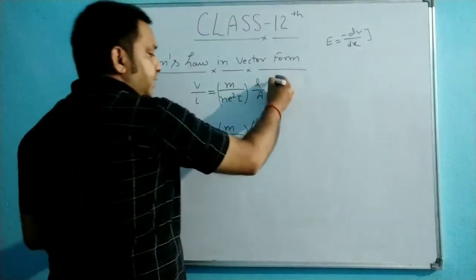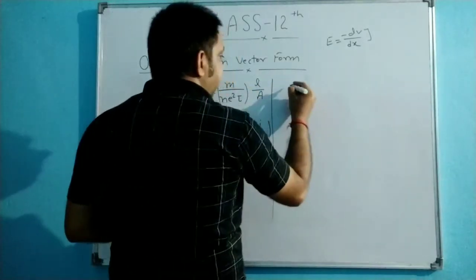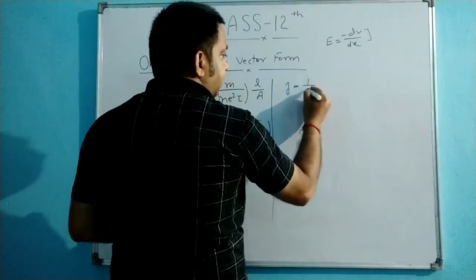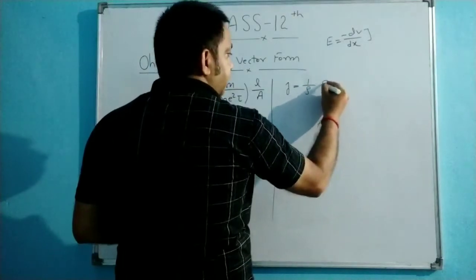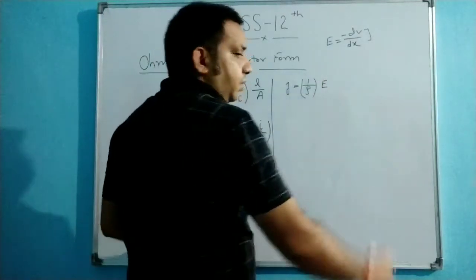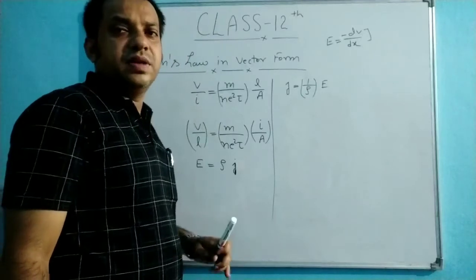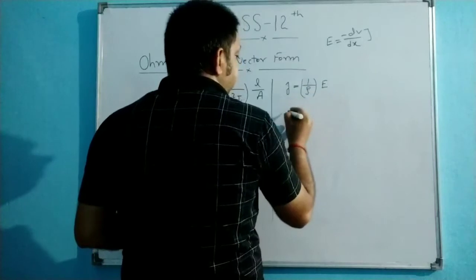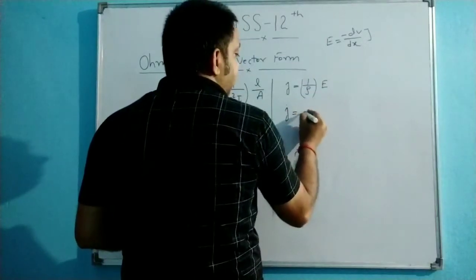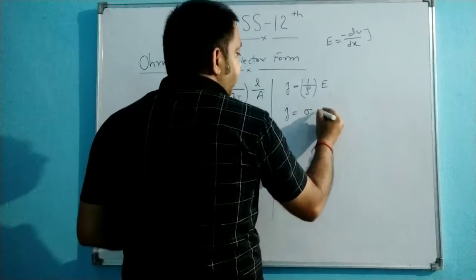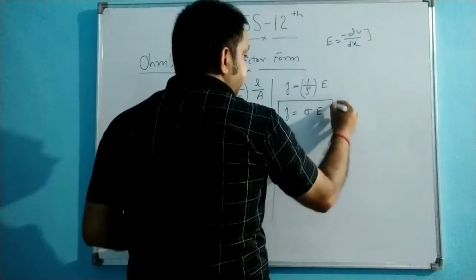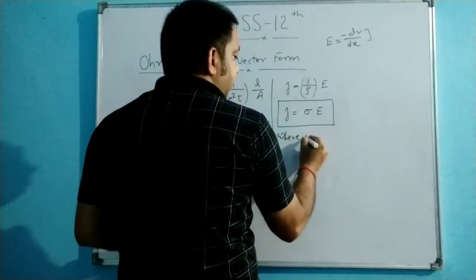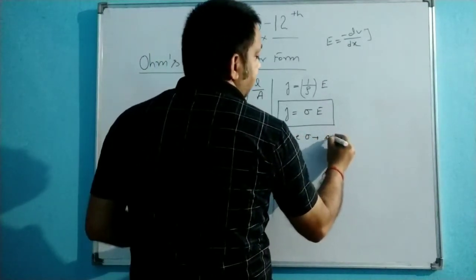Or we can rearrange the terms. We can write J is equal to 1 upon rho into E. And what is 1 upon rho?